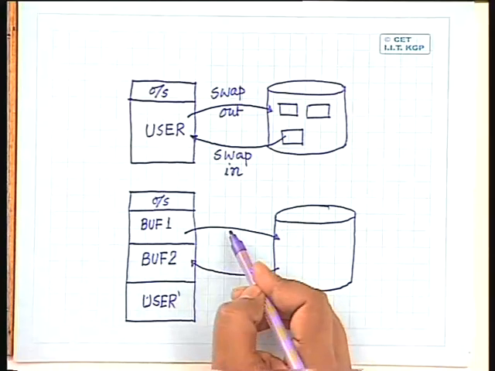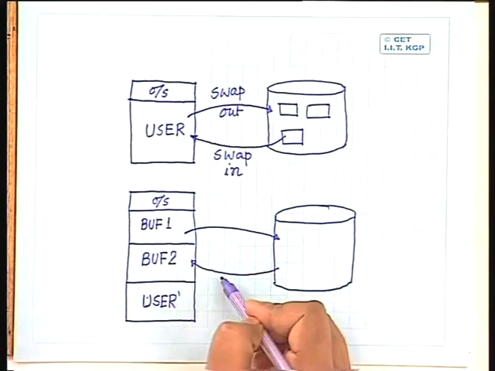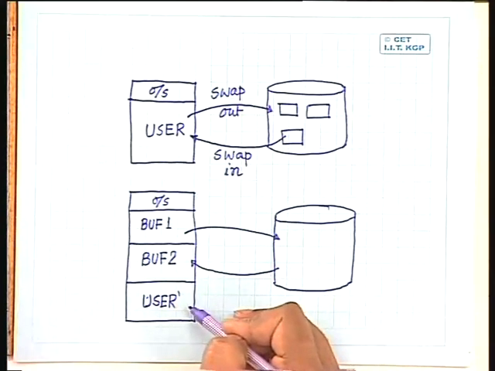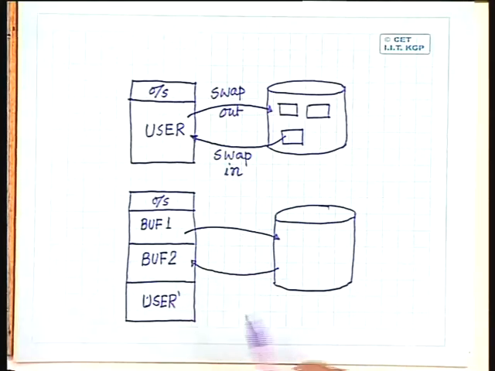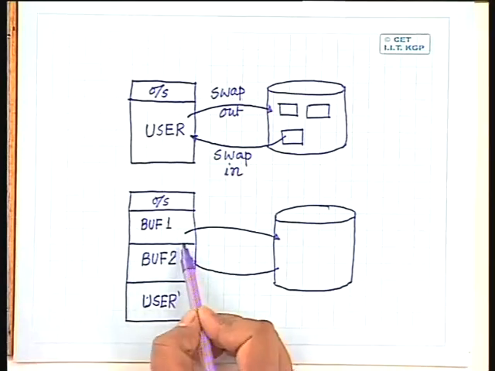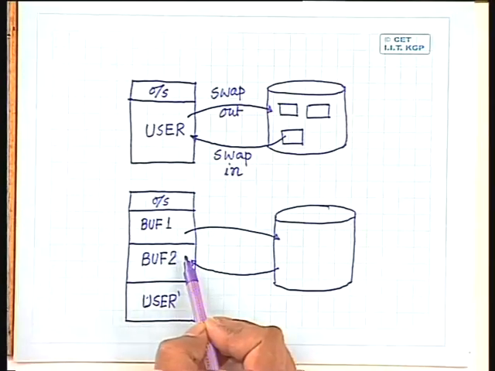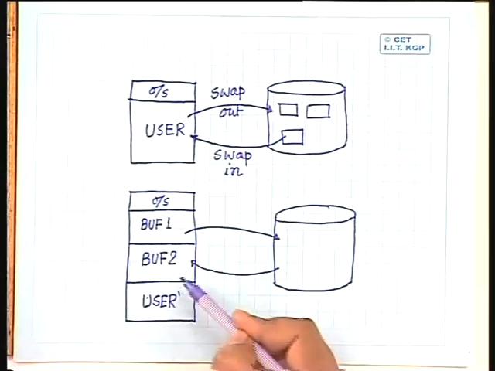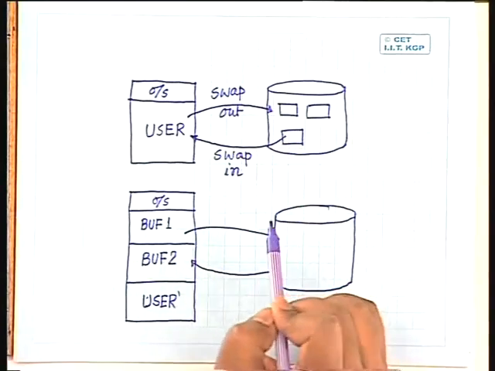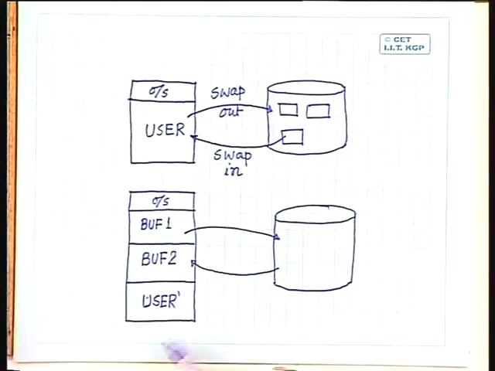So these operations of swapping out, swapping in, or execution of the user program are not really independent; they become dependent, one upon the operation of the other. So even this configuration of multiple partitions does not give the advantage we expect. That means we have to go for further modification.